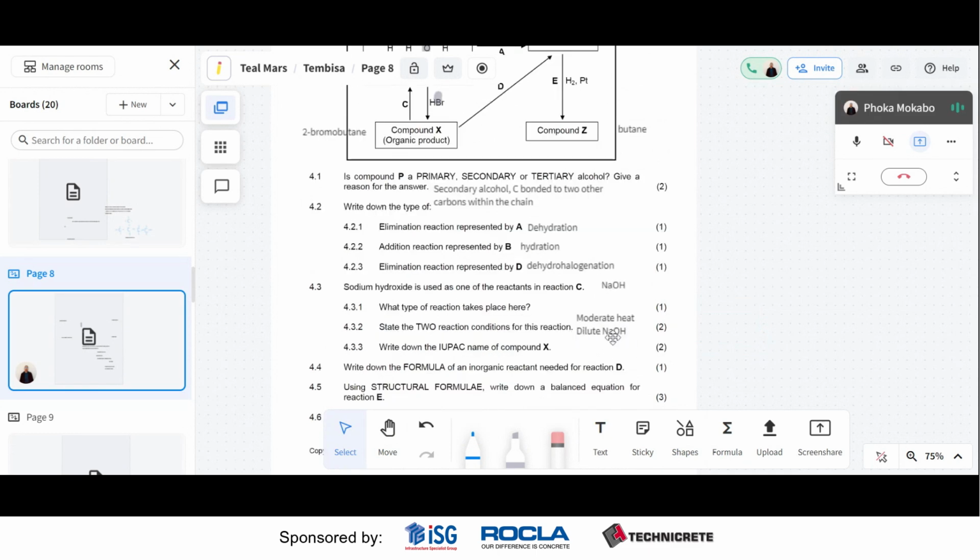So definitely has to be dilute sodium hydroxide and moderate heat. For the elimination reaction, it would have to be concentrated sodium hydroxide as well as a very high heat as your two conditions. Now, write down the IUPAC name of compound X. We've already done that over here. It is 2-bromobutane.